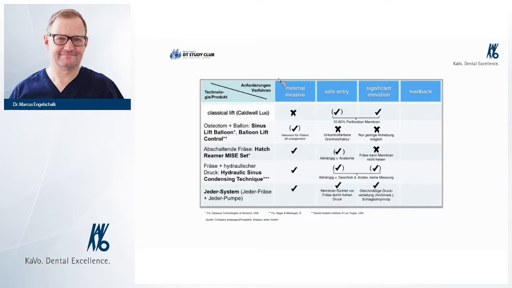And you can do this by filling the drilling chamber with augmentation material and bring this up. And what I learned, still can remember his words, was never touch the sinus with the instrument. I think this is very important, that you just bring in the augmentation material to lift the membrane.